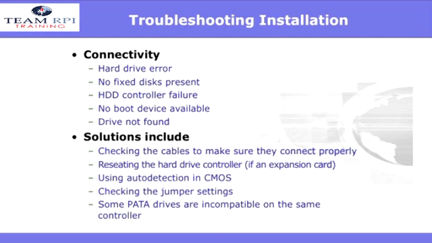When you start up your machine and it gives you an error that no fixed disks are present or a hard drive controller failure, generally you're dealing with a connectivity problem. One of the connections has come loose. All you need to do is check the cables to make sure they're seated properly, or go into the CMOS settings and use auto detection and see if that fixes the problem.